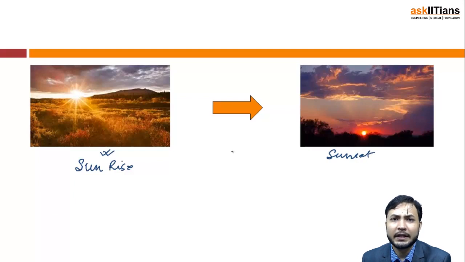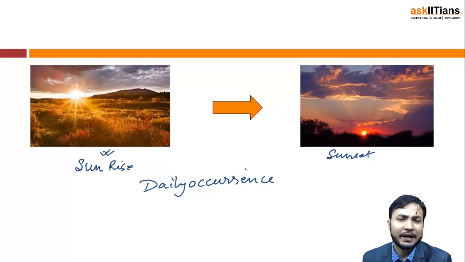So this is my daily occurrence. From the time you were born and probably up to the time that you die, this is one monotonic function that will always occur. Every day in the morning the sun will rise, and every day in the evening the sun will set.